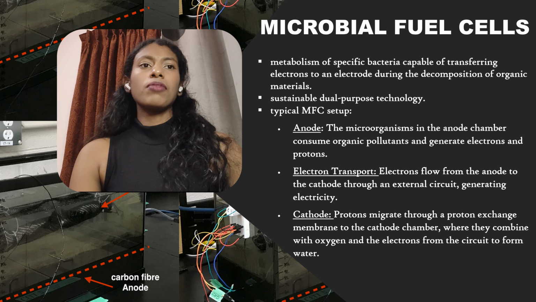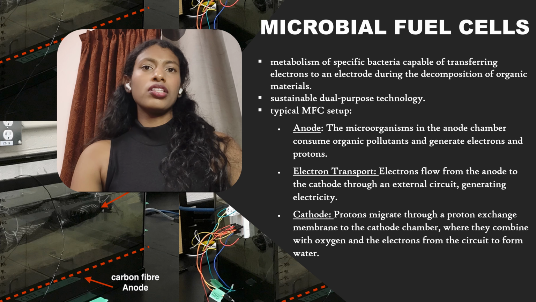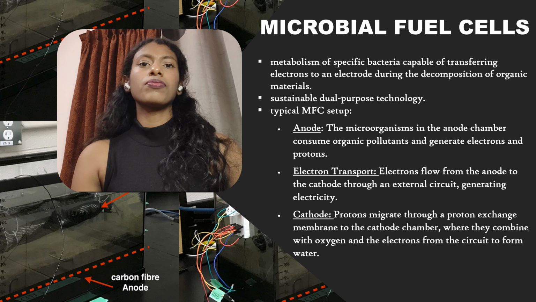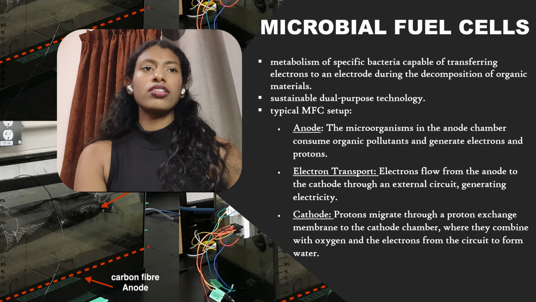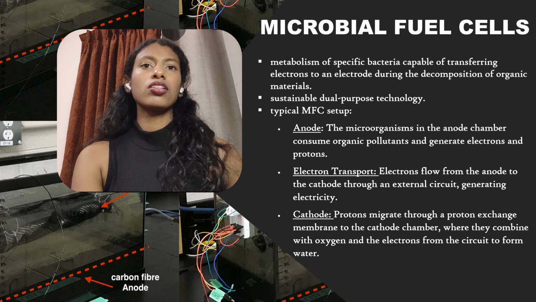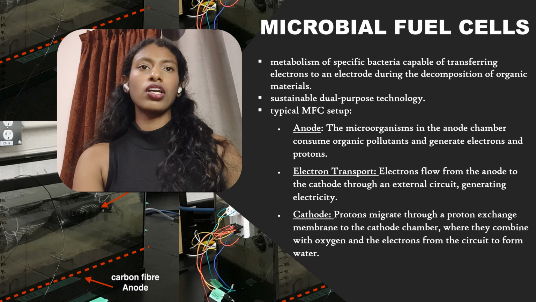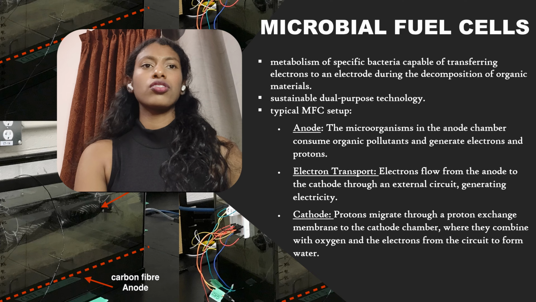In a typical MFC setup, we have three components: the anode, the cathode, and the electron flow from the anode to the cathode through an external circuit, which generates electricity. MFCs are termed a sustainable dual-purpose technology because they not only reduce organic pollutants, but also generate electricity.